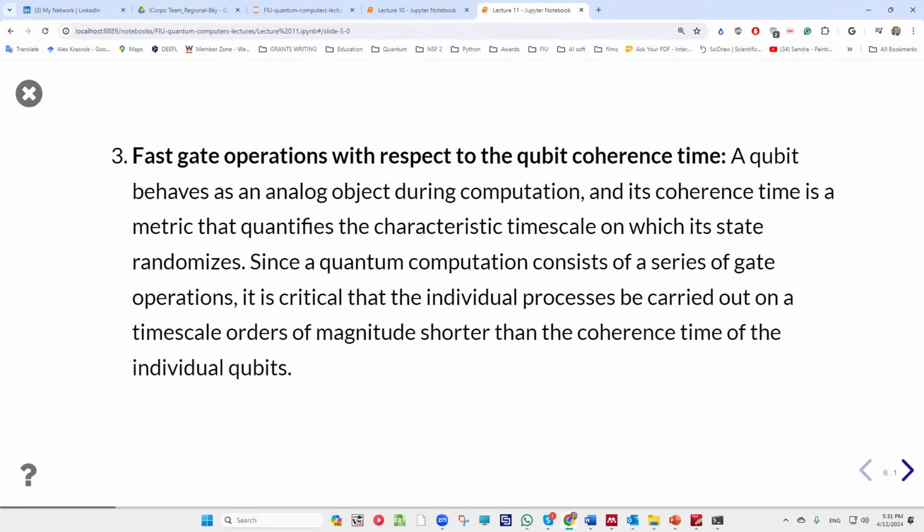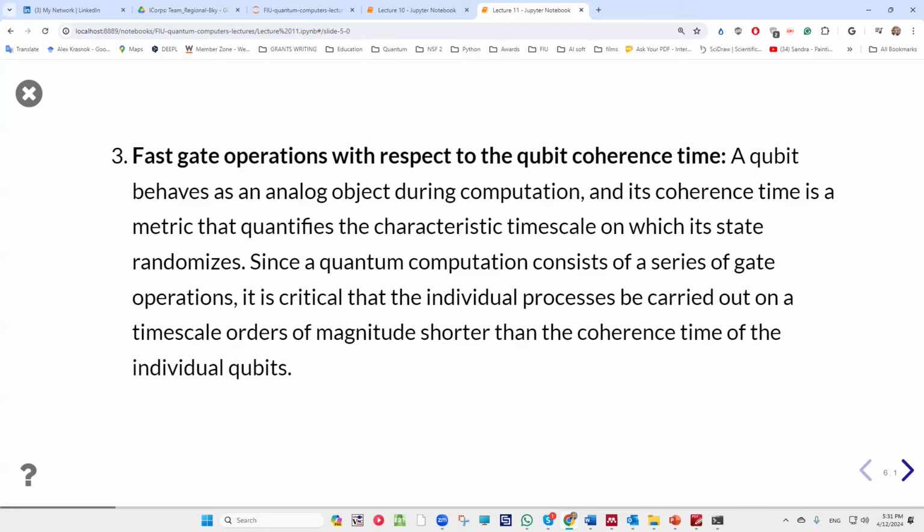Another criterion is that the system must keep the quantum state for a sufficiently long time.